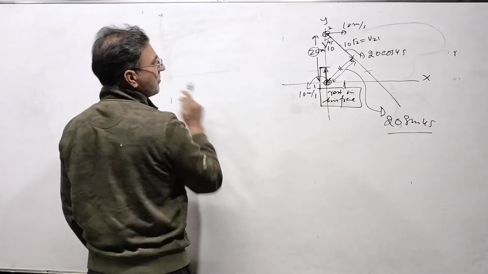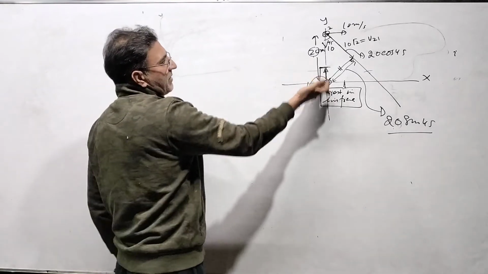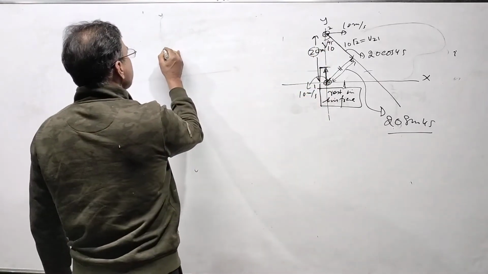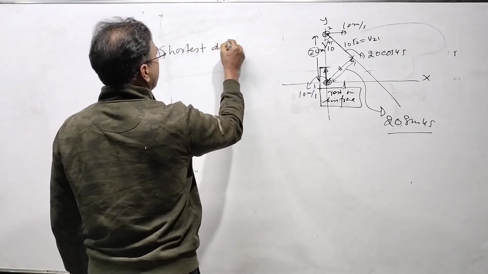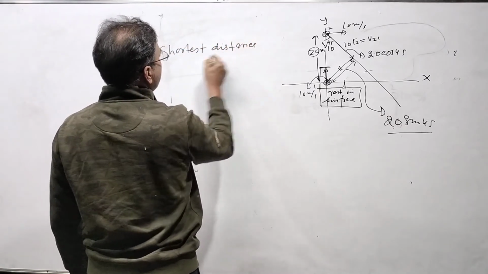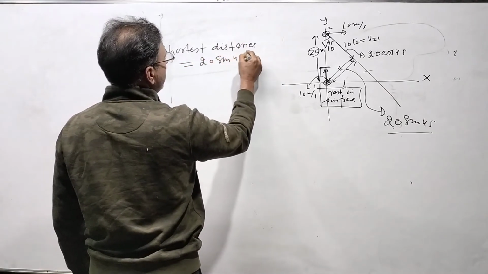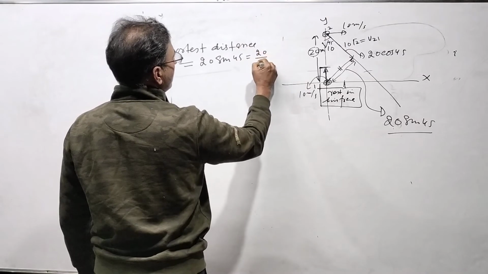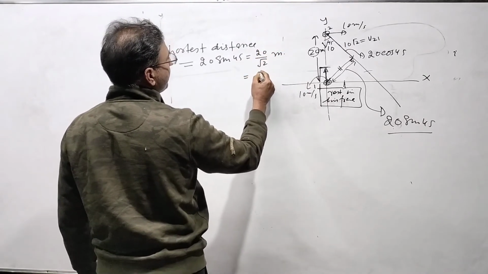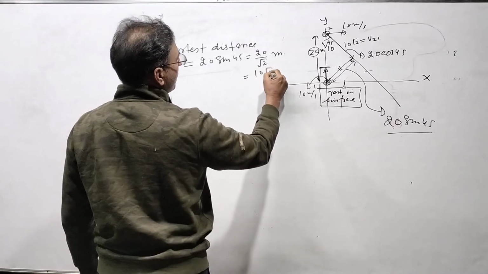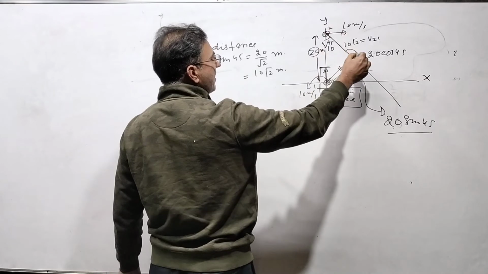So the answer is, without doing any kind of mathematics, just by this technique, the shortest distance is equal to 20 sin 45. That is 20 by root 2 meters, that is 10 root 2 meters.